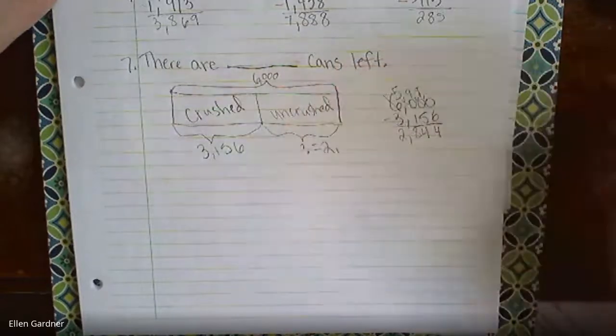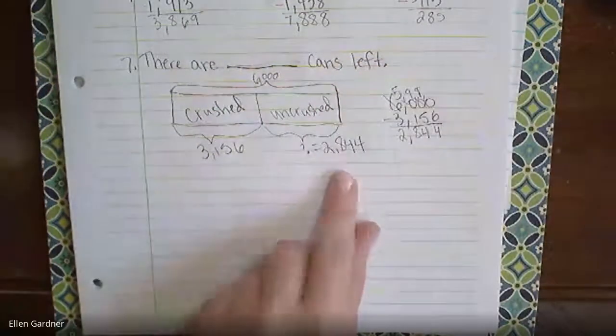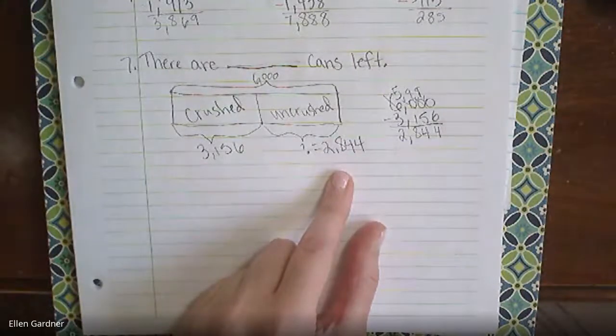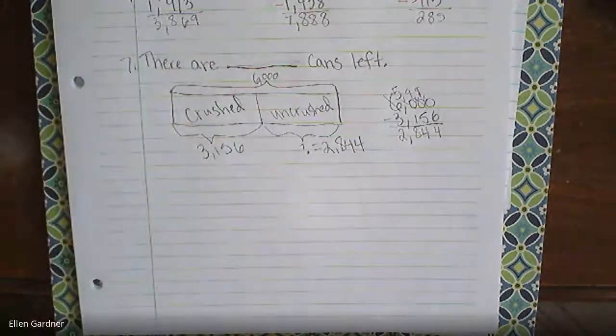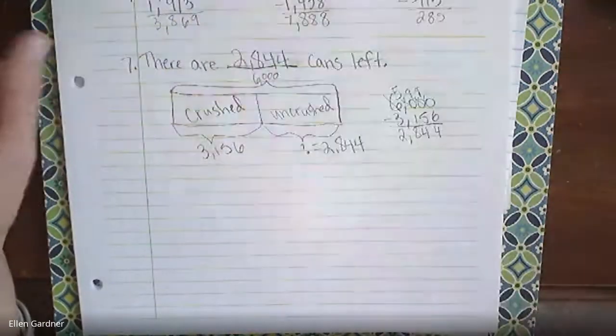That's our final answer. Who got the same answer as me? 2,844. Great. So that is what is going to go into our answer sentence.